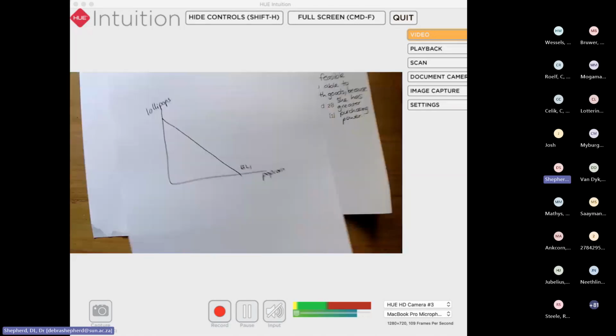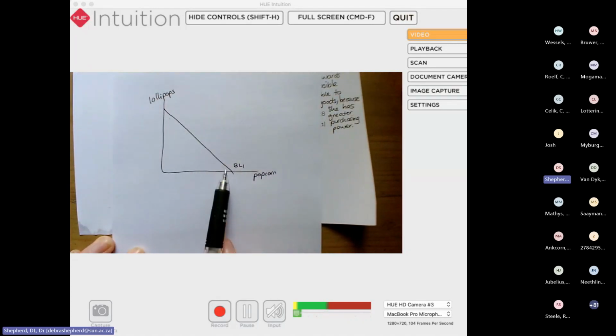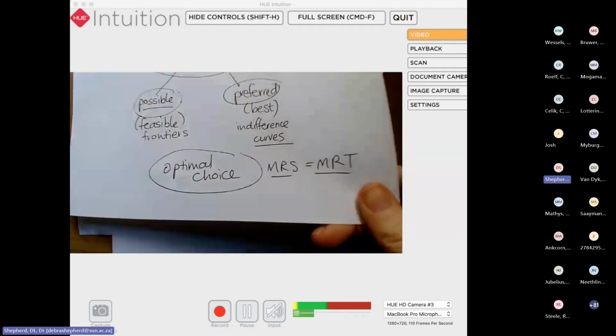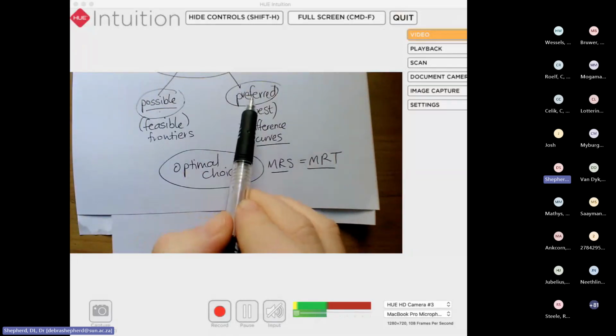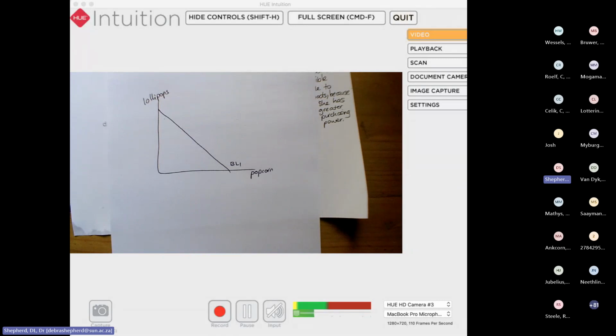So we have Alyssa's budget line. This tells us what is feasible. But as I mentioned earlier, in order to make an optimal consumption choice, you need to bring what is feasible in line with what is preferred. The way that we illustrate preferences is we use indifference curves.